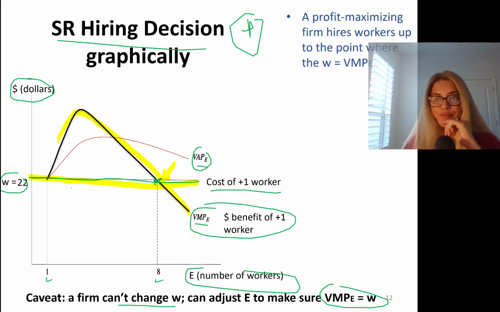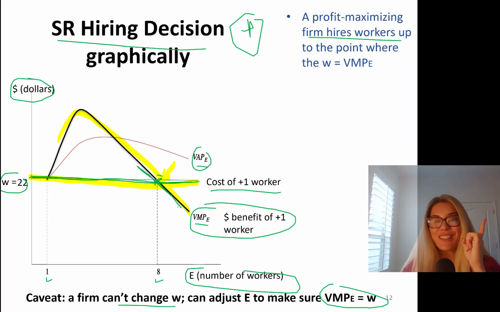We'll talk about that. A profit maximizing firm hires workers up to the point where wage rate, this is the wage rate, horizontal line, is exactly equal to value marginal product curve. But we only pick the value marginal product curve, the portion of it that lies below the value average product curve. So only parts that are relevant is this.